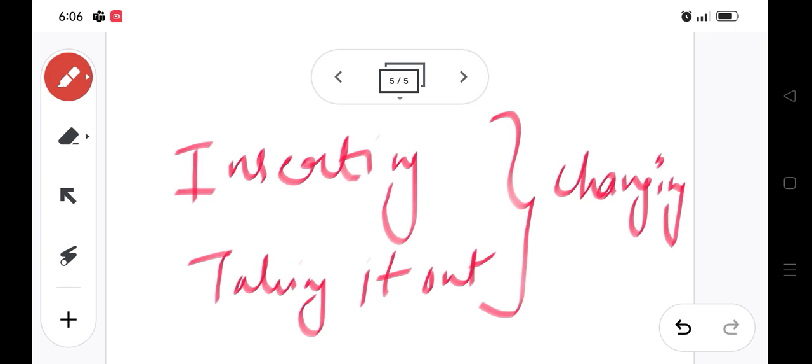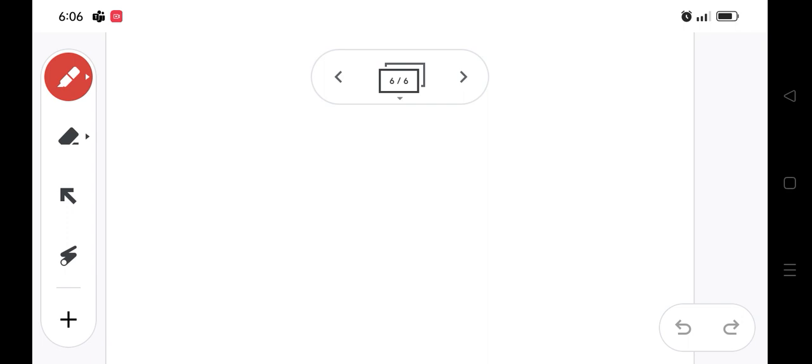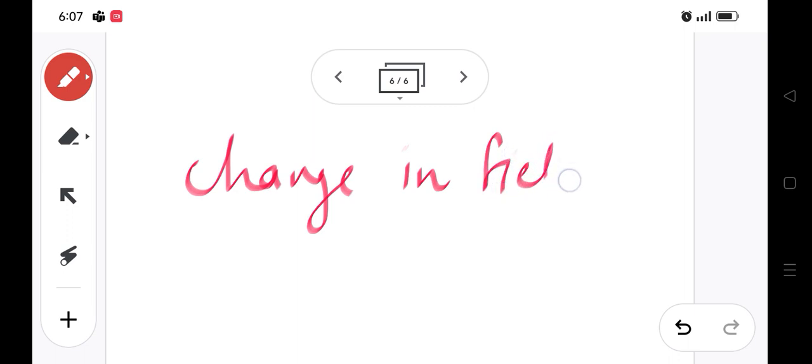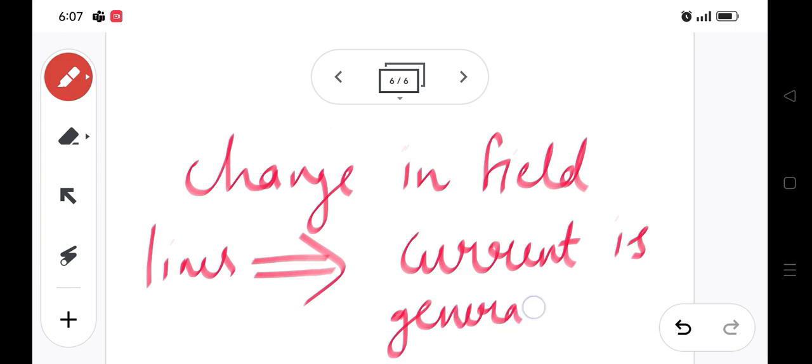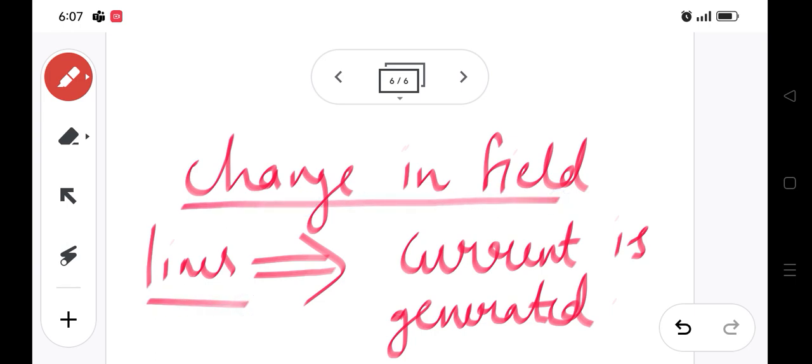Okay. So whenever there is a change in field lines, current is generated. Okay. So any variation in these field lines leads to the generation of current.